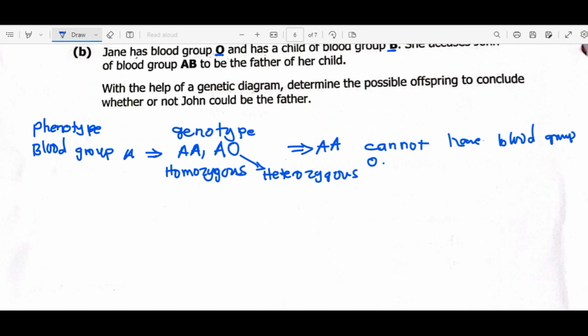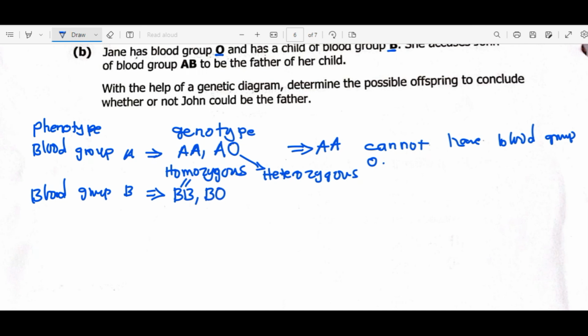Then let's have a look at the second blood group, the phenotype blood group B. Blood group B is similar to blood group A. We have the homozygous, which simply means you have the same letters. Then heterozygous, you have BO.